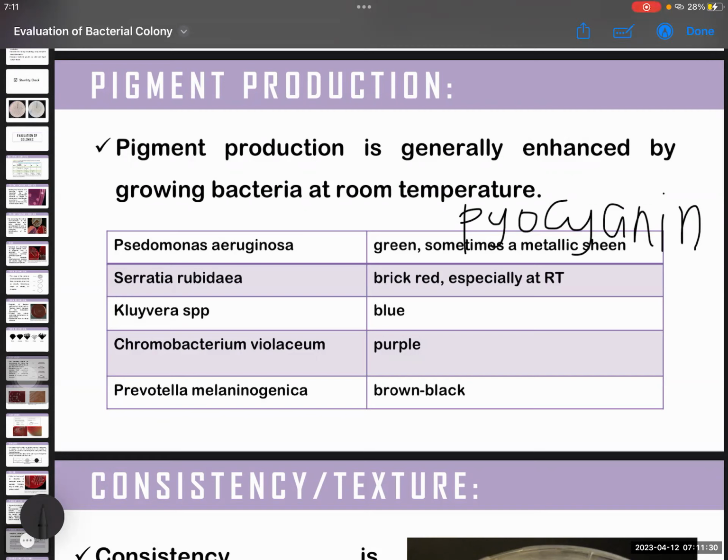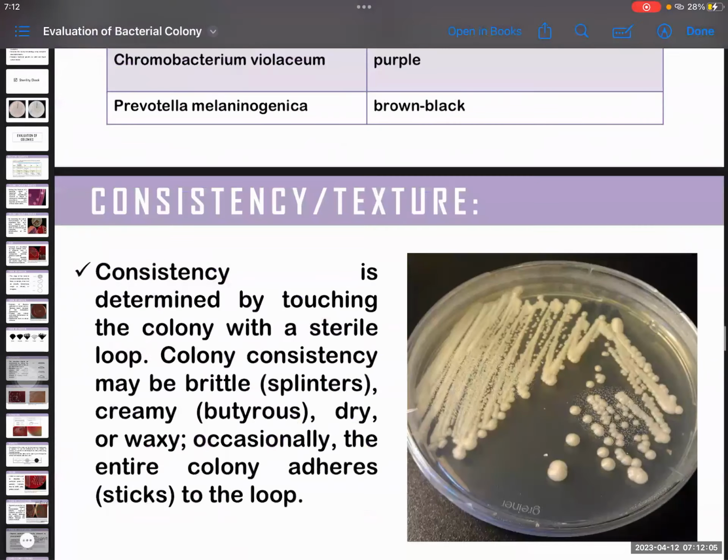Serratia rubidaea, similarly, is capable of producing brick red colonies, especially at room temperature. Then we have Chromobacterium violaceum, which you don't need to memorize, since its color is practically in the name, named after its characteristic purple pigment. And lastly, we have Prevotella melaninogenica that produces a brown-black pigment, similarly named after the pigment that it produces.